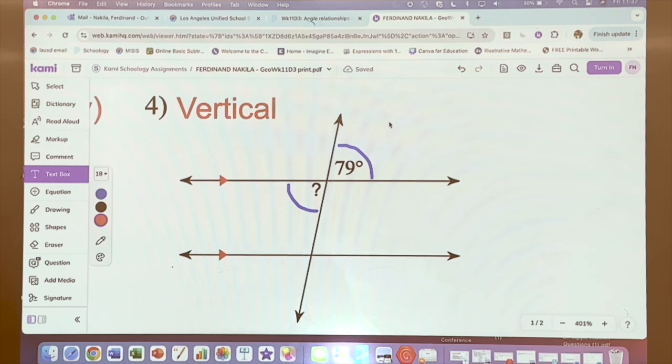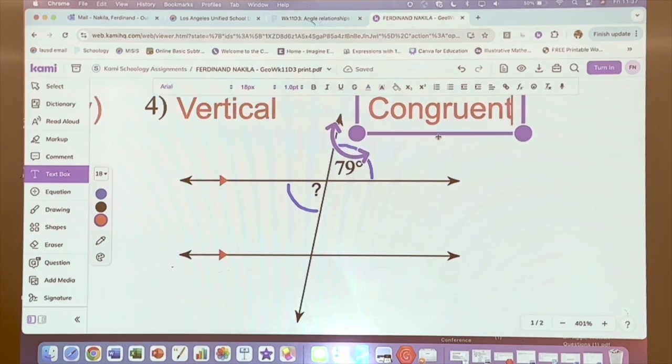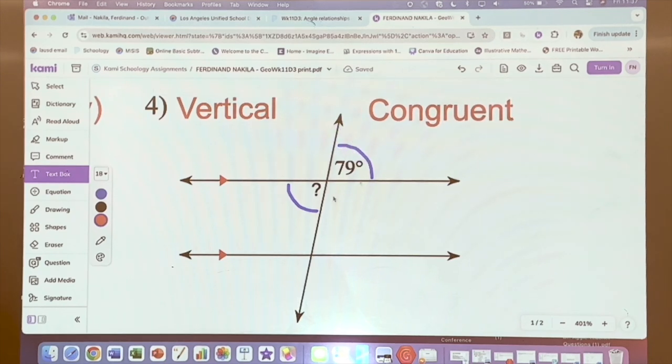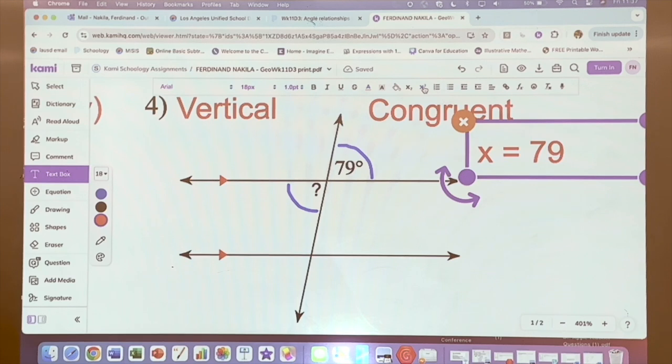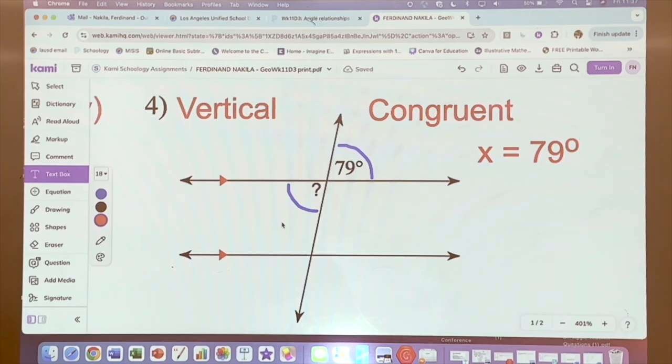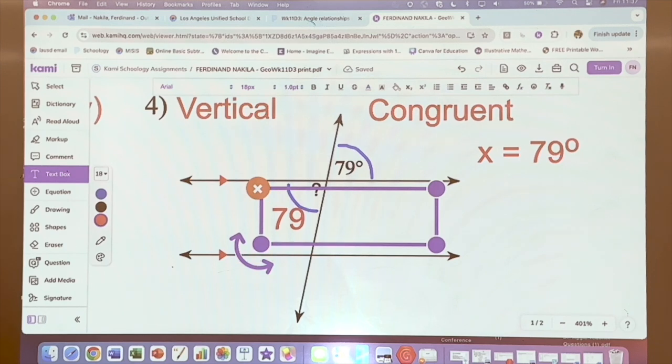What's the geometry term for the same? Congruent. Yeah. Basically, that's angle 1 is congruent to angle 2. So let's replace the question mark with x. That's angle 1 is congruent or equal to 79 degrees. So this is 79 degrees.